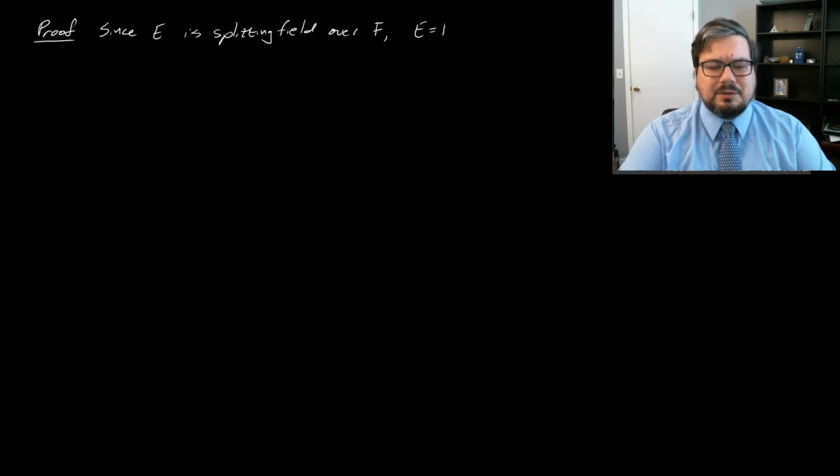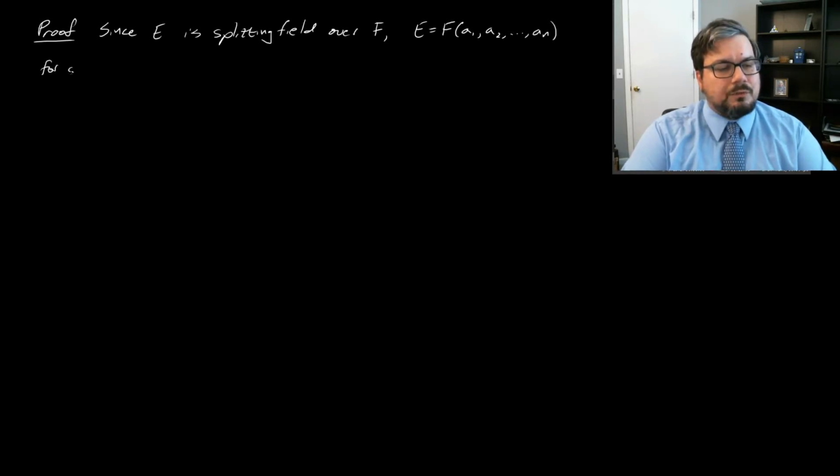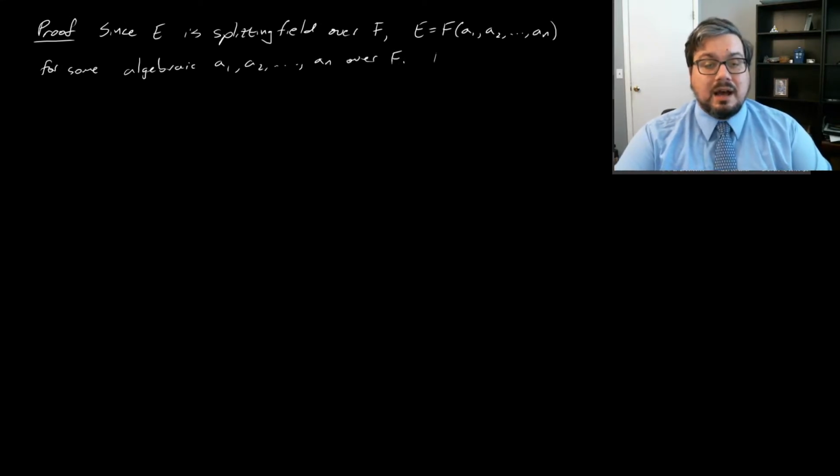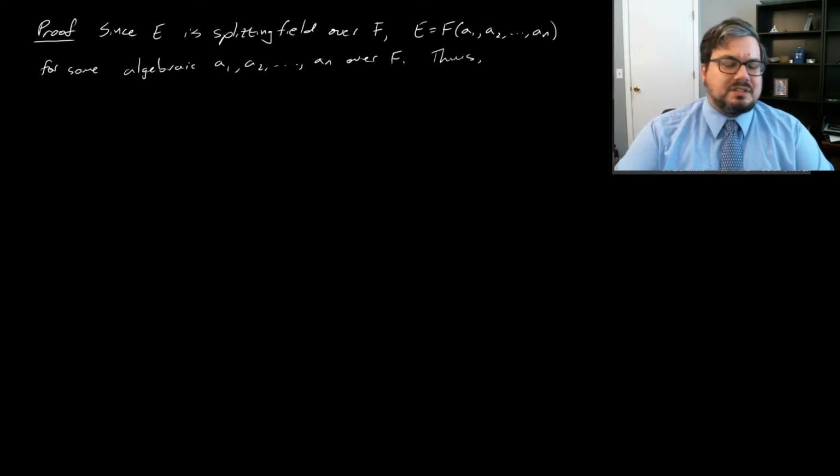So let's note that since E is a splitting field over F, we have that E is equal to F(a1, a2, up through an) for some algebraic a1, a2, up through an over F. Thus, notice that we have the following.